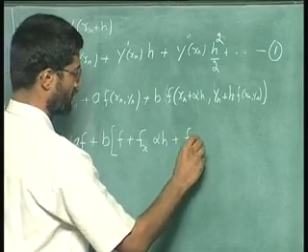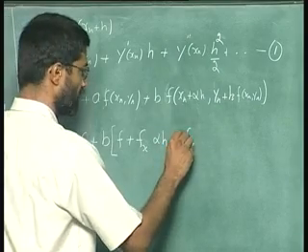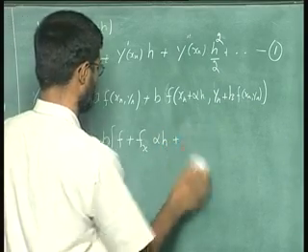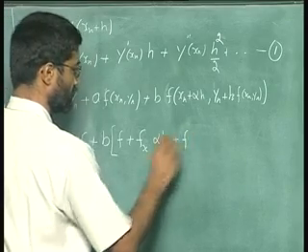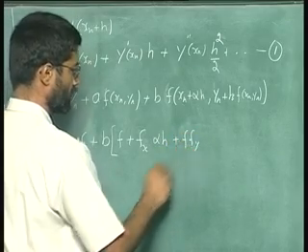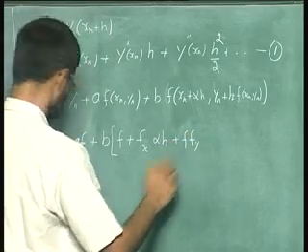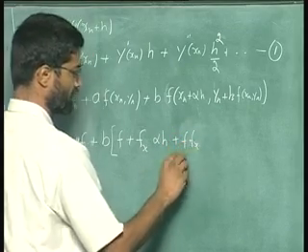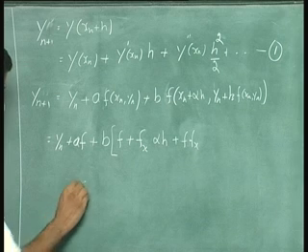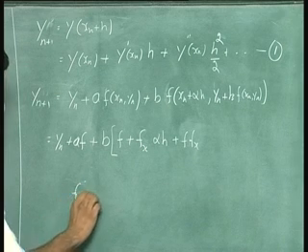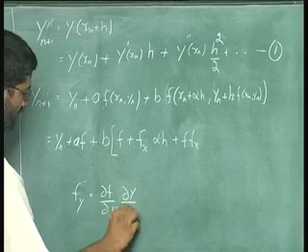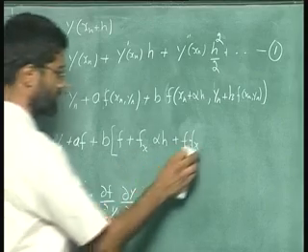So I will write this as f times fx, okay, and fy I am writing as del f by del y into del y by del x. So that is fy.